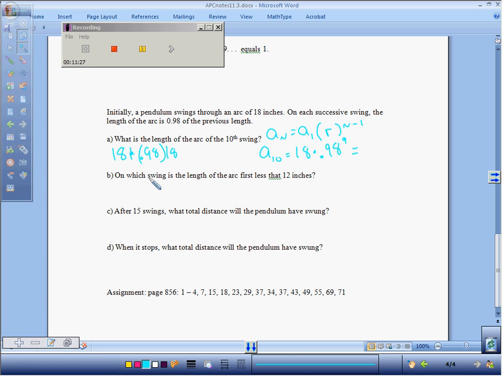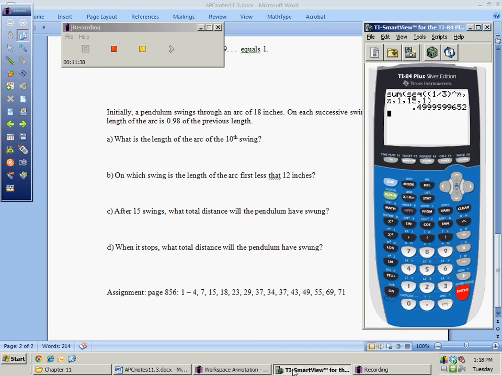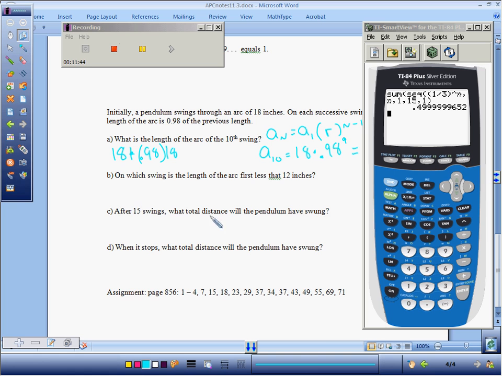Let's see if I could do that on my calculator. I'm going to go back to what I had up there. There we go.